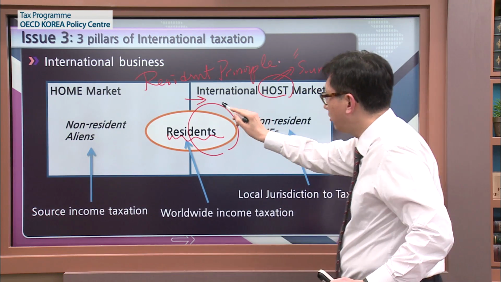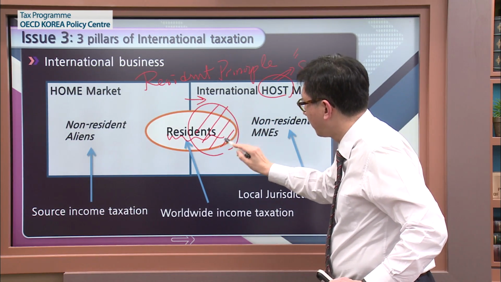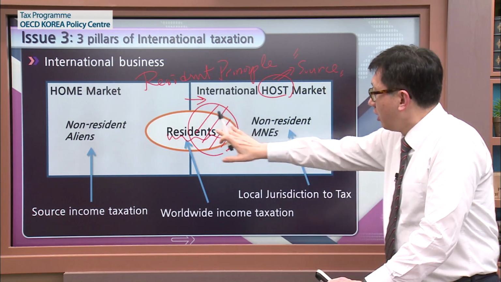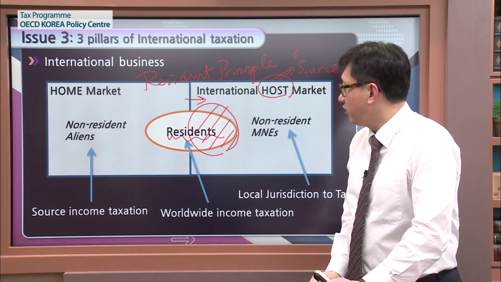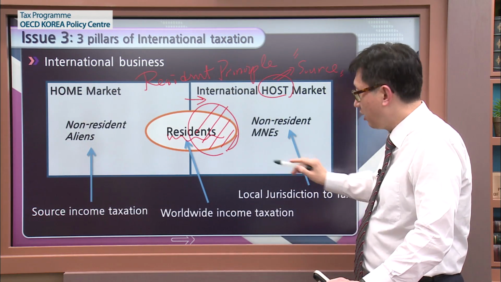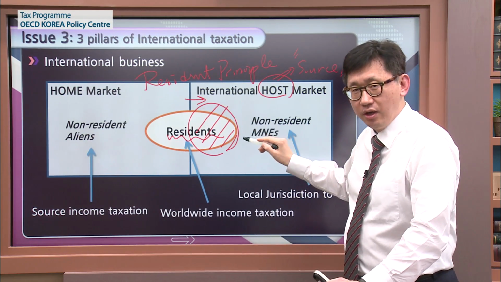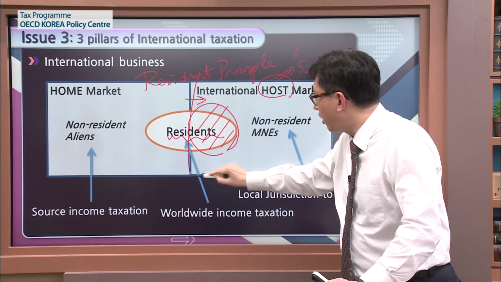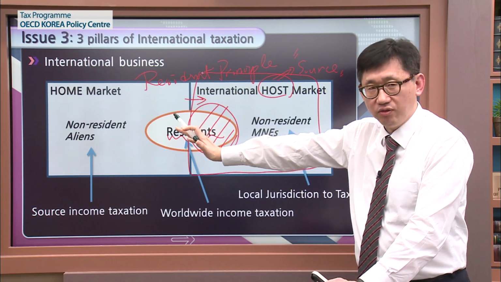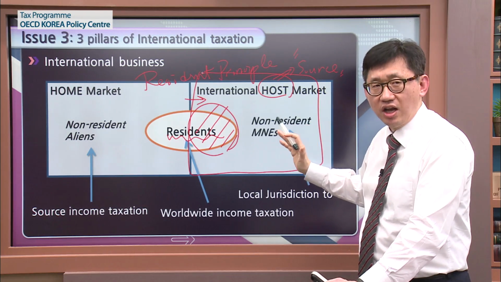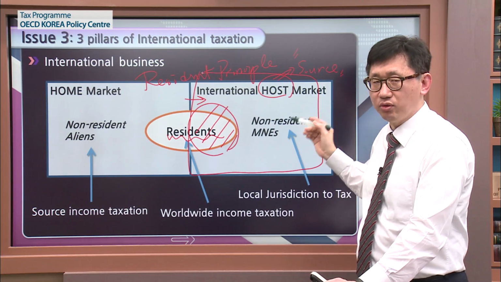Whereas, think about this part. The home country's resident does business in the international market, this part. Then this area is not the home country tax authority's jurisdiction, but the jurisdiction of other source countries' tax authorities.